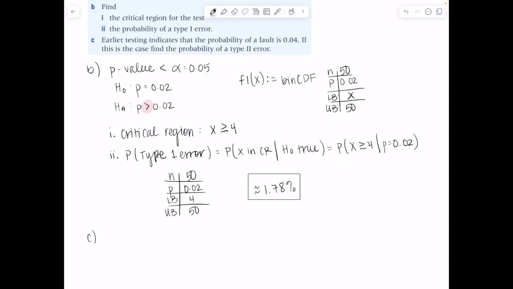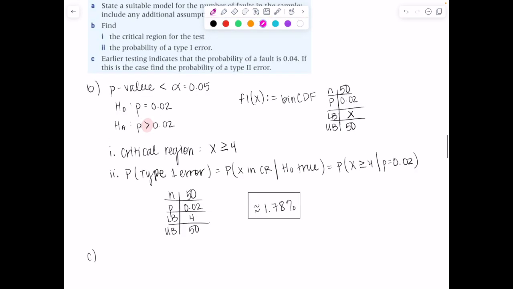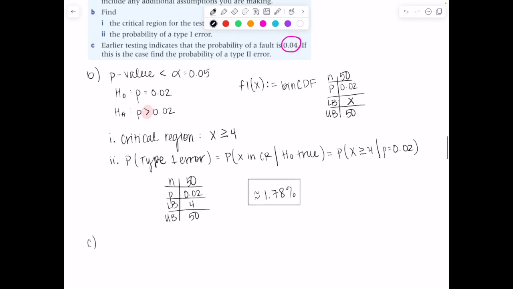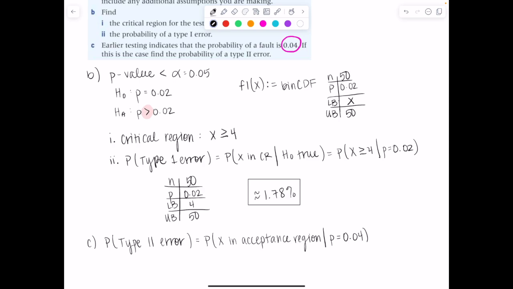Now, we were told that the probability of actually making a fault is 0.04 rather than 0.02. So now we need to calculate a type 2 error, which is the probability that we're in the acceptance region, which is the opposite of our critical region, given that our probability is actually 0.04, what they told us it was going to be.